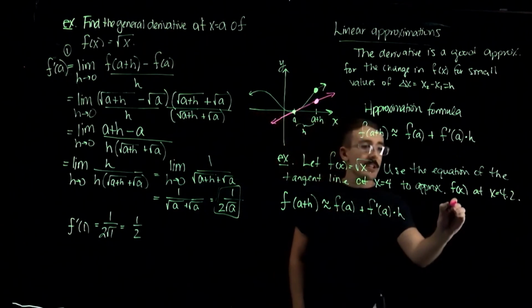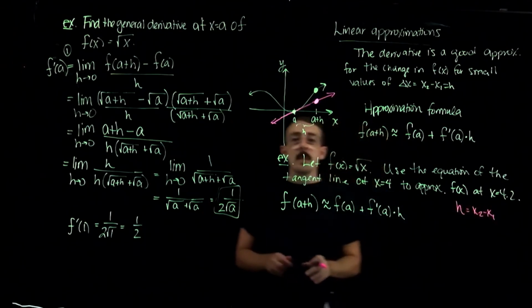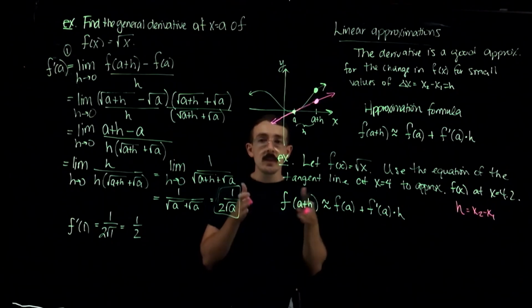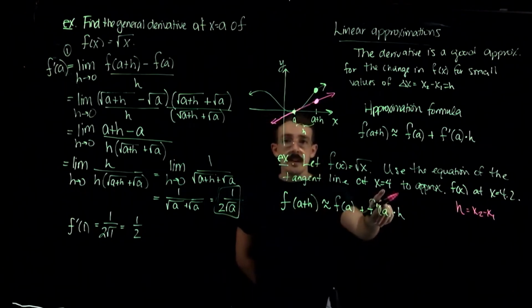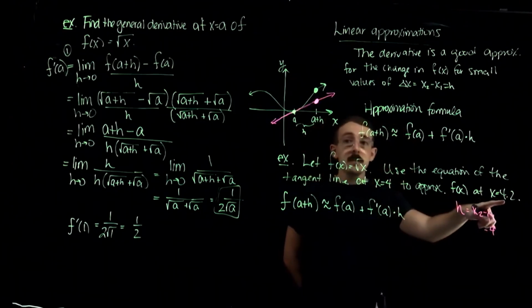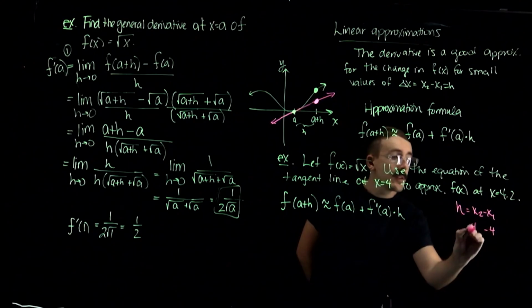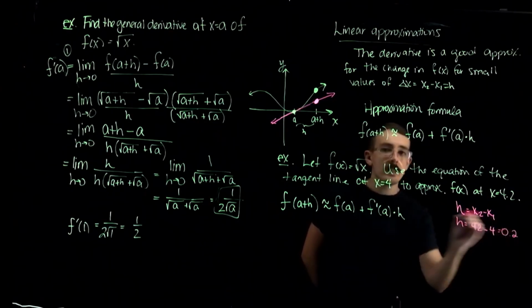For h, you need x2 minus x1, the difference in where you started and where you're going. We started at 4, so my x1 is 4. And we're going to go to 4.2. So that's my x2. So h is 0.2.